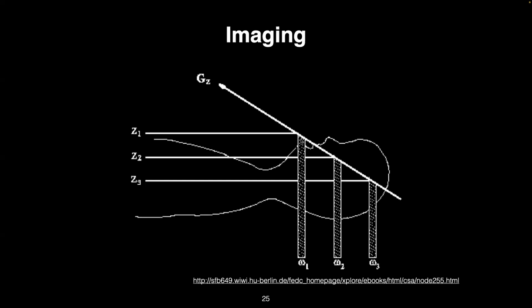So if you want to image at this point here, then the magnet knows, okay, if I apply a gradient of this magnitude, then my resonant frequency is going to be whatever B0 plus GZ is for this position. It's going to transmit RF at that frequency, and then it will only excite, essentially tip, your magnetization in this location. And then it does that for these different locations.